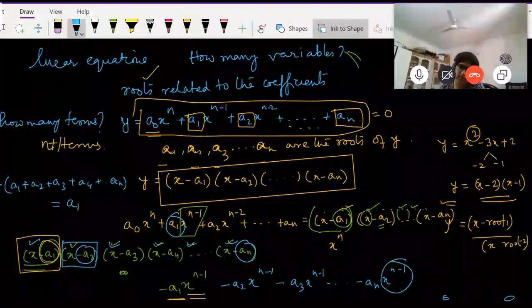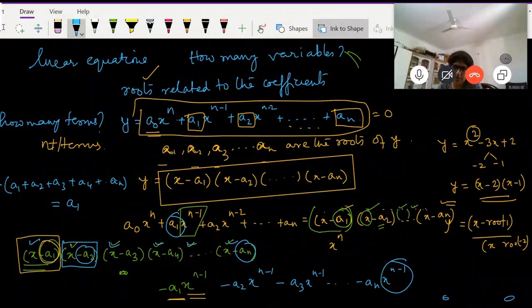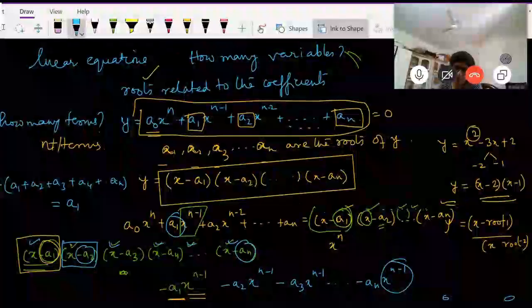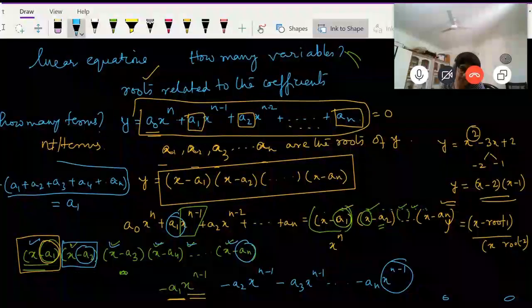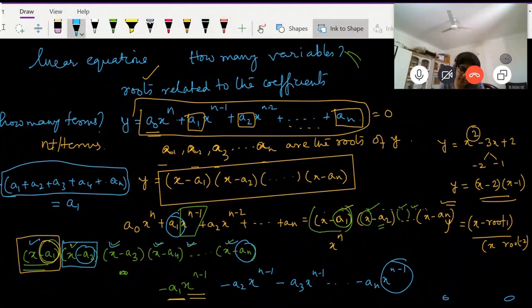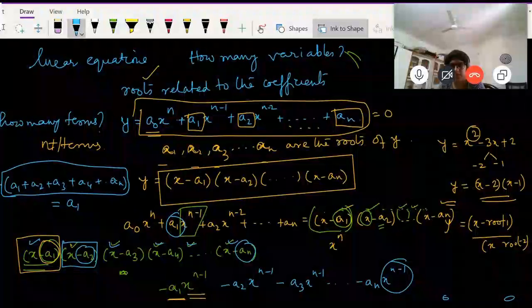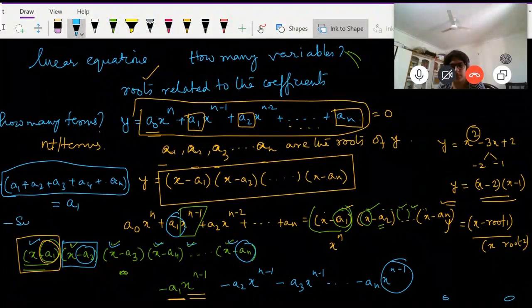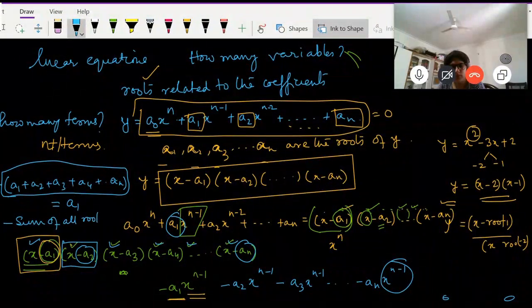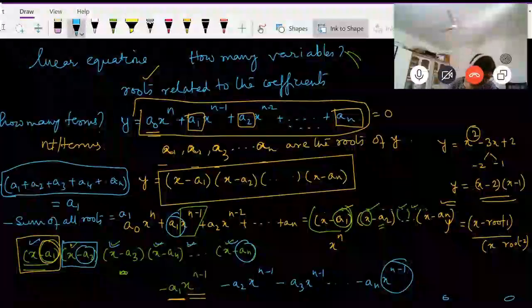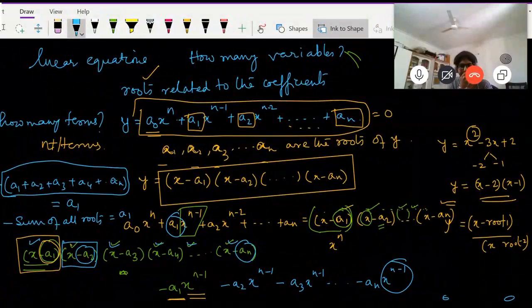So that means the sum of all the roots, with a negative sign, of all roots is equal to a1, right?